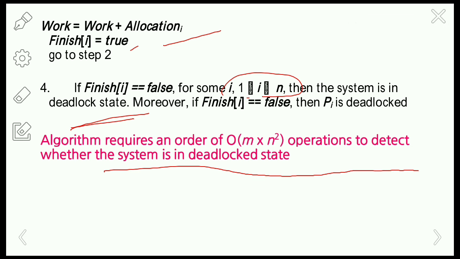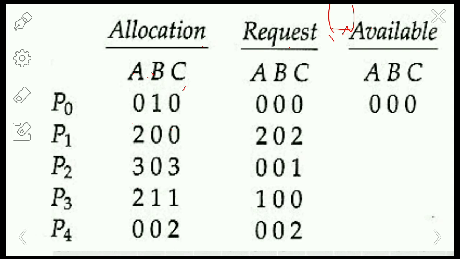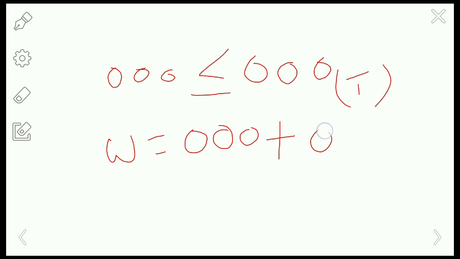Now work equals work plus allocation. Work is 0 plus the allocation of P0, which is 0, 1, 0. So work becomes 0, 1, 0.